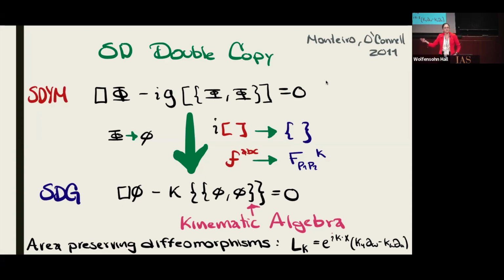If you want to do it at the level of the amplitudes, you have to exchange the structure constants that, again, both satisfy Jacobi identities. And in fact, these structure constants have a geometrical meaning here. In this case, it's something very simple. They're just area-preserving diffeomorphisms. So they're the structure constants of this algebra. And we'll see how this will get deformed when you go to curved spacetimes.